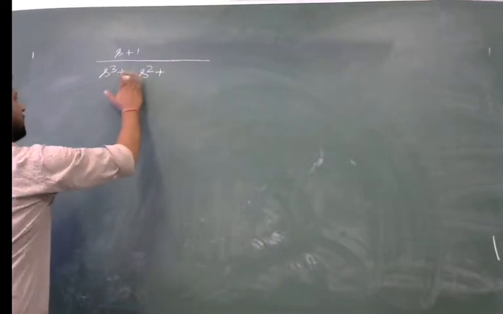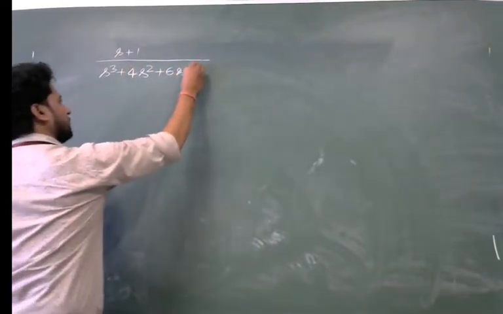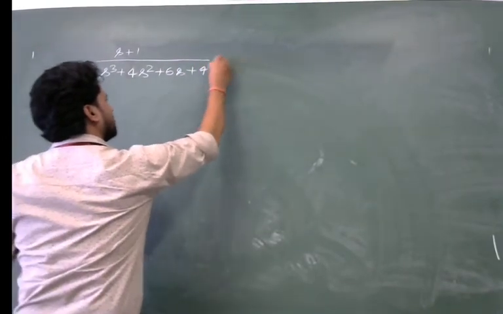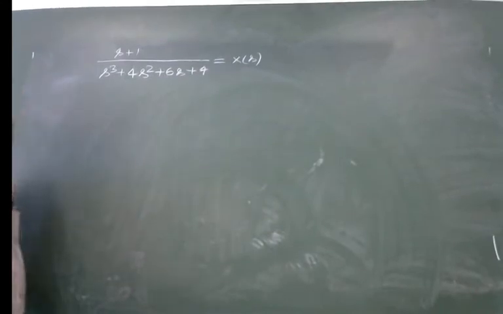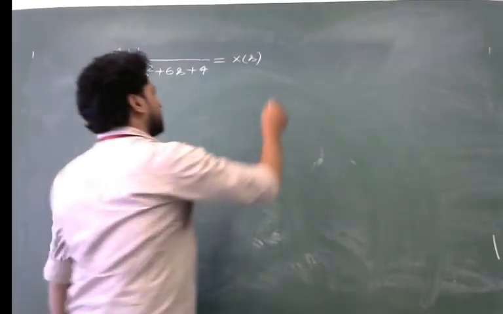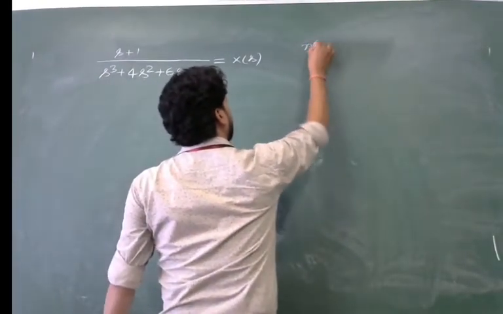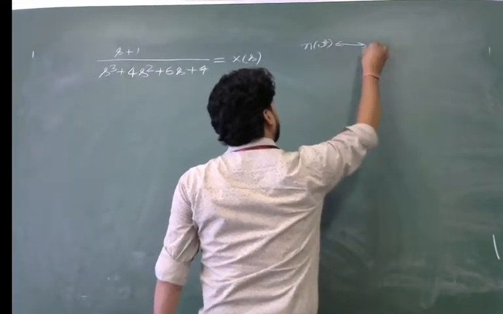This is the value of the Laplace transform of x(t) that is given, where this X of s is the Laplace transform of the signal x(t).